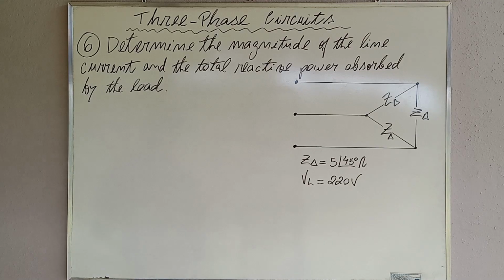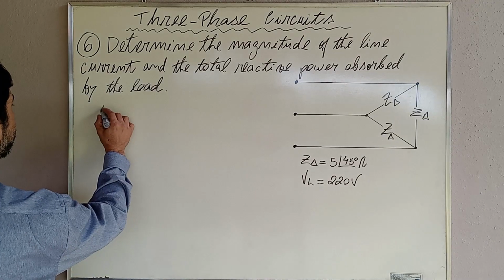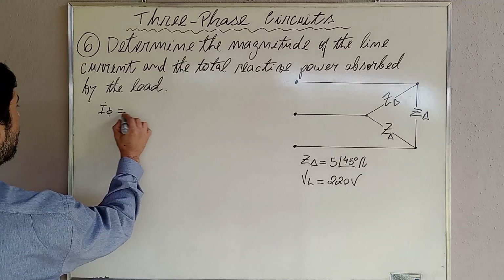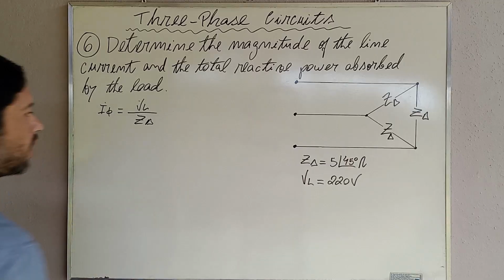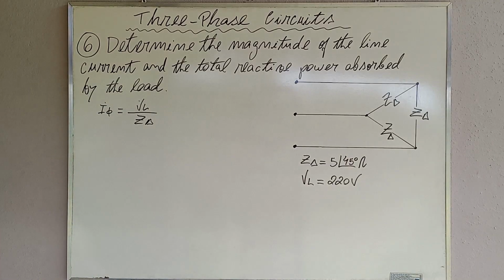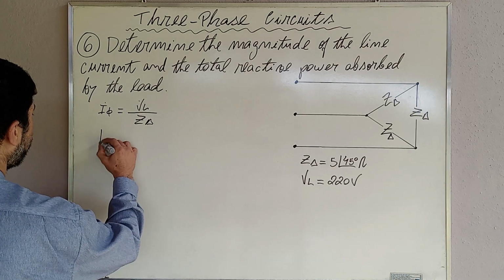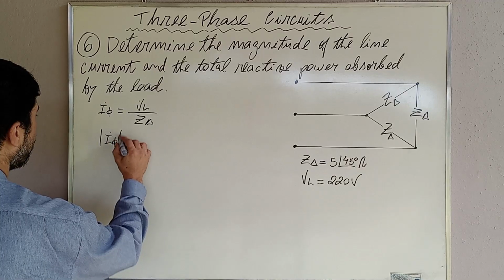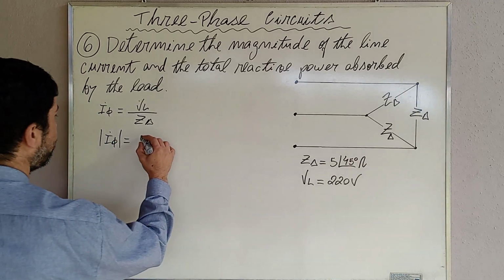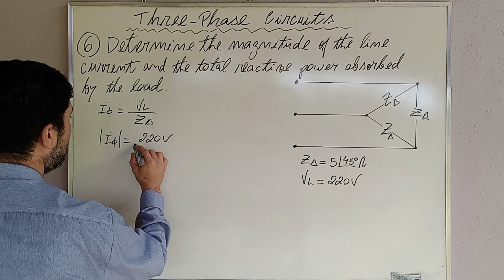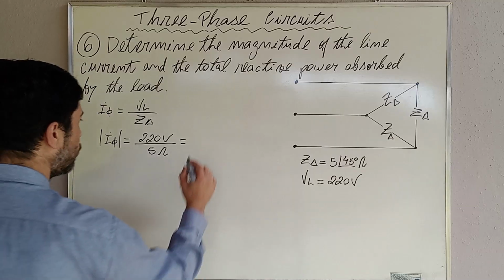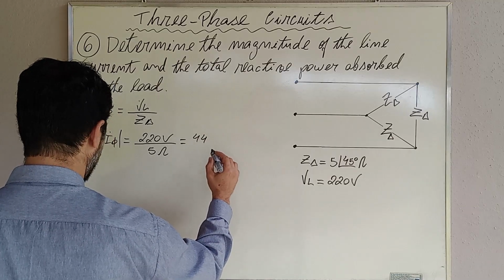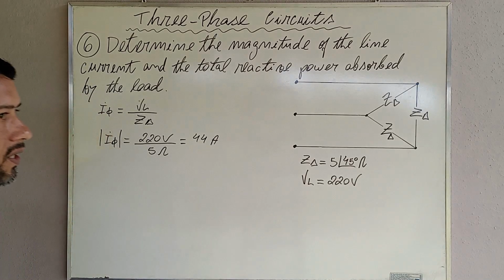In this way, the phase current is the line voltage divided by the impedance of the delta connection. The magnitude of the phase current is 220 volts divided by 5 ohms, and this is equal to 44 amps.